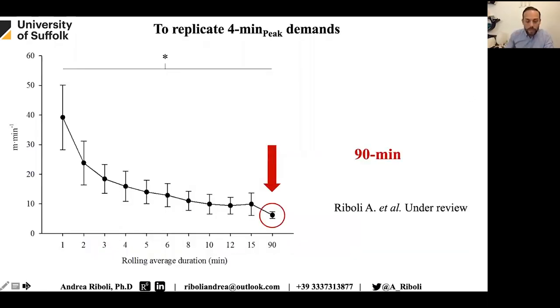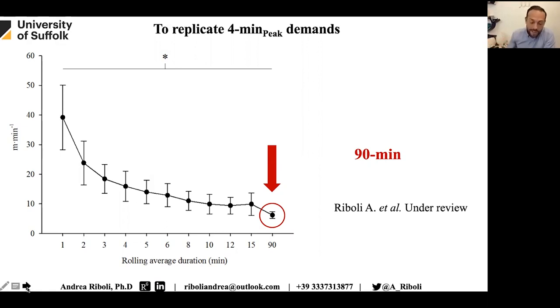Therefore, we investigated how to manage the pitch size and the area per player using small-sided games to replicate the 90-minute average. But in training routine, we need to consider that small-sided games last a few minutes, usually 3, 4, or 5 minutes.